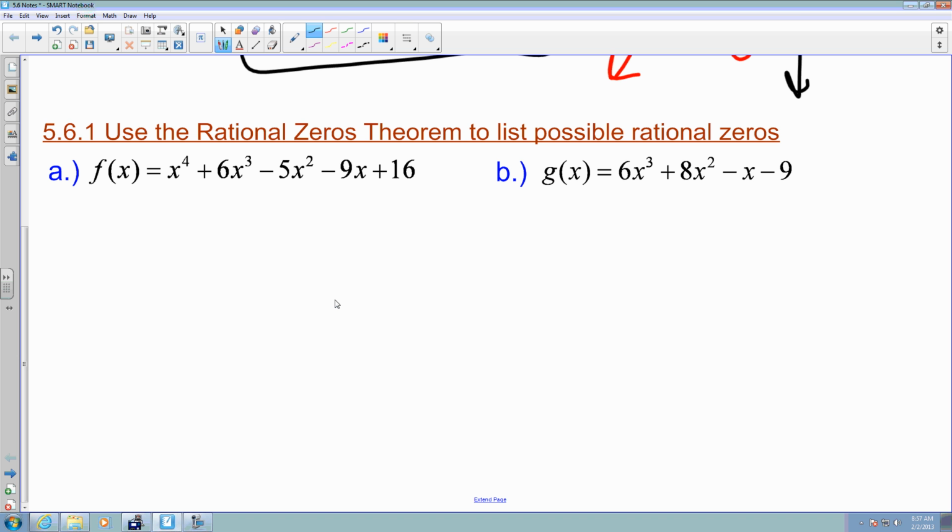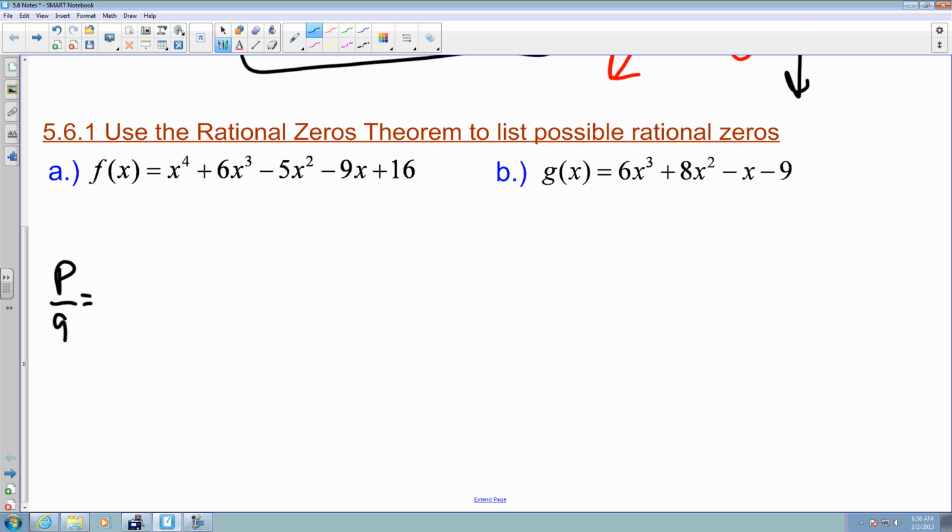For example A, I have x to the fourth plus 6x cubed minus 5x squared minus 9x plus 16. If I'm going to use the p over q theorem, p represents the factors of the constant term.